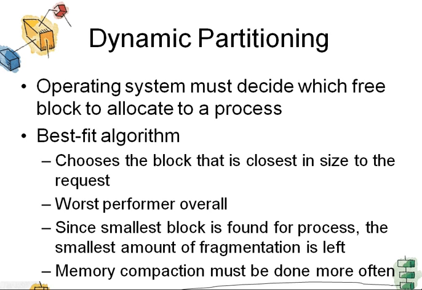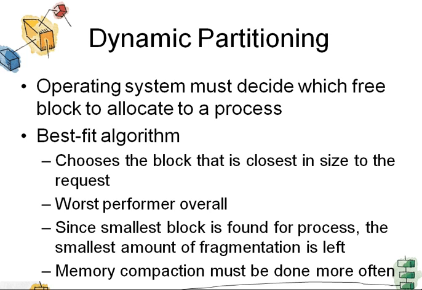But this algorithm is considered the worst performer, since the smallest block is found for the process and the smallest amount of fragmentation is left. See what is happening here? We are calling it the best fit algorithm because the strategy it applies is to choose a block whose size is closest to that of the requesting process size.